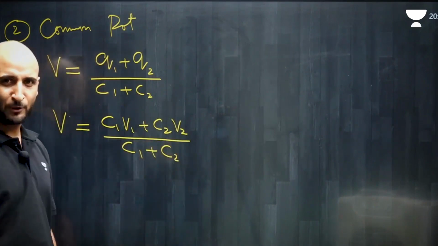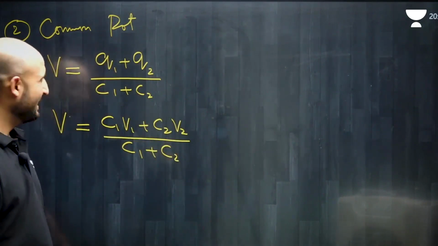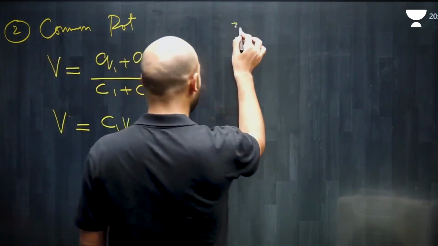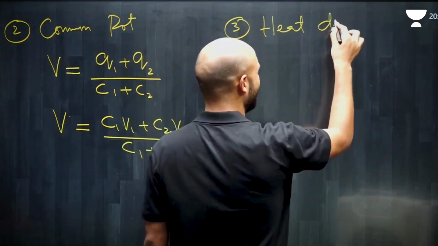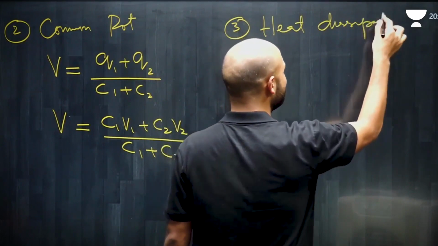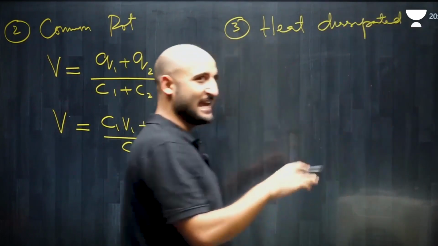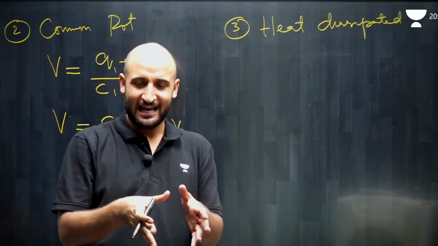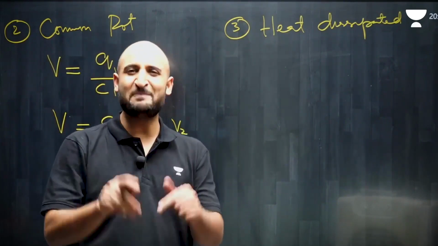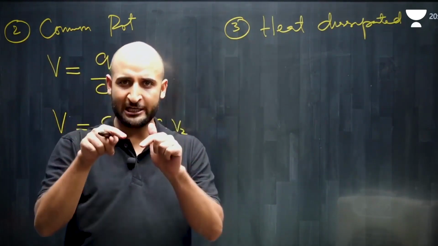This will be the common potential. And number three, one more thing: what will be the heat dissipated? Like in the previous case, when you connect the two capacitors, the total final energy will be a little less than the total initial energy.